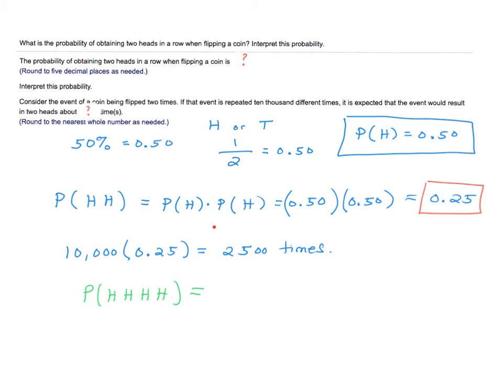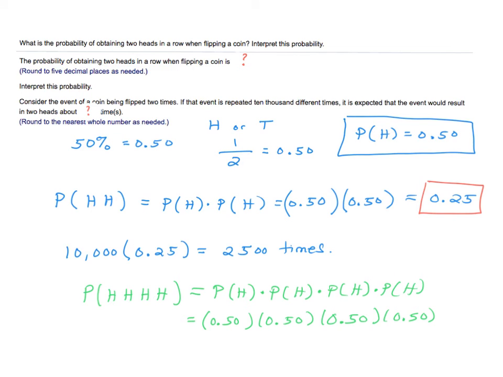And we can apply the multiplication rule, not twice, but a total of 4 times. So this would be the probability of getting a heads times the probability of getting heads, and so on. So essentially, what we can do is multiply 0.50 to itself, the total of 4 times.